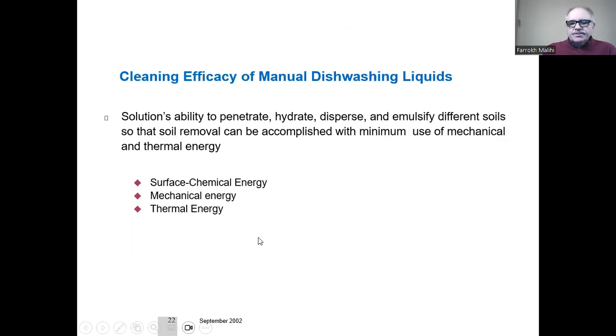Cleaning efficiency is defined as the solution's ability to penetrate, hydrate, disperse, and emulsify different kinds of soils, mainly greasy, fatty soils, and which can be accomplished with minimum mechanical energy. So there are three types of energy involved here.